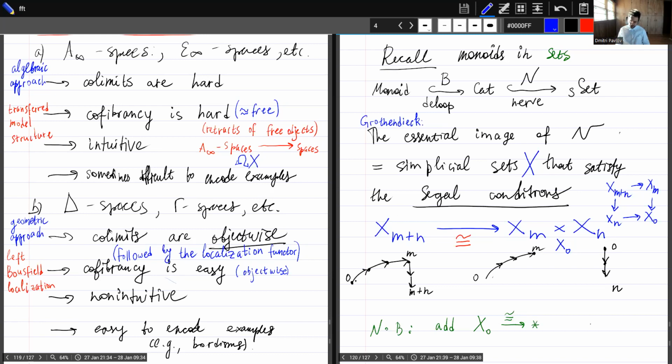And here on the left side, you have m plus n simplices. So in our case, m equals 3 and n equals 2. So these will be chains of five composable morphisms. And in this commutative square, the top map will extract the first m morphisms, like here. The second map will extract the last n morphisms, like here.